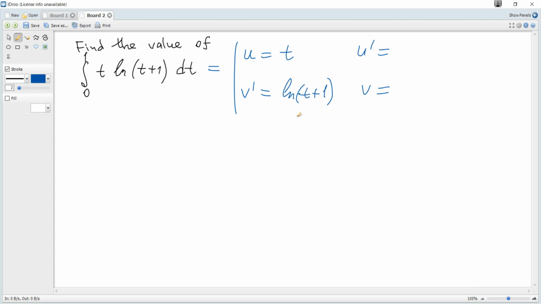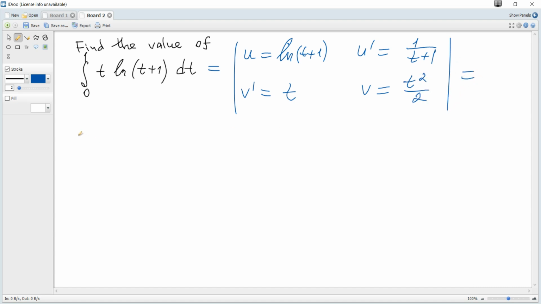But let's consider what we would get if u is ln and v prime is t. Hence the derivative of ln is just 1 over t plus 1, and v is t squared over 2.